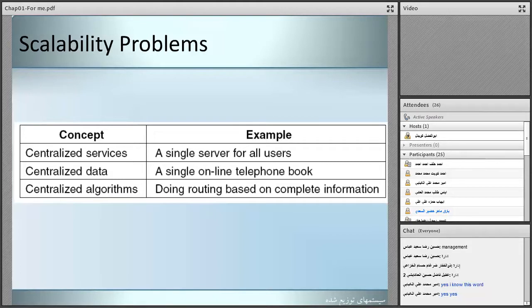For example, if you have one single server that only provides services for users, increasing the number of users results in more access to the server. We have only one server, all the users want to access this server, and the problem is bottleneck. So centralized services is a problem for scalability. Clear?